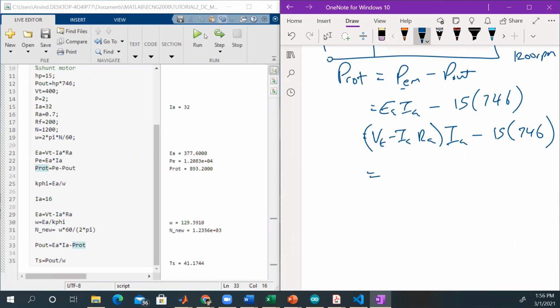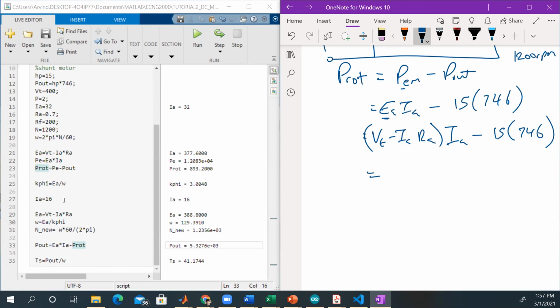We have omega from before, we have EA from when we calculated it. So we can work out K phi, and now we have a new IA of 16 amps.